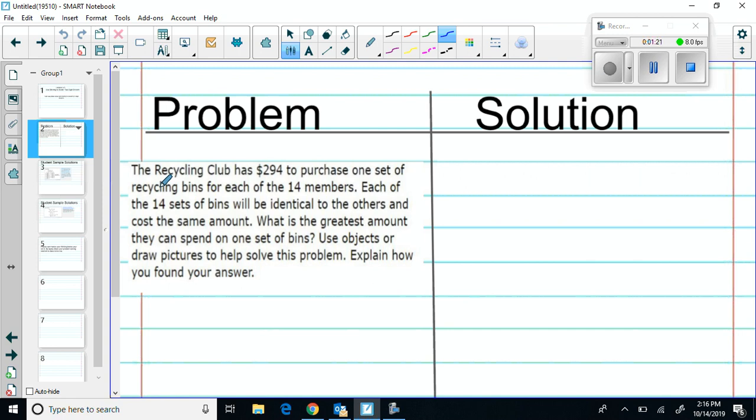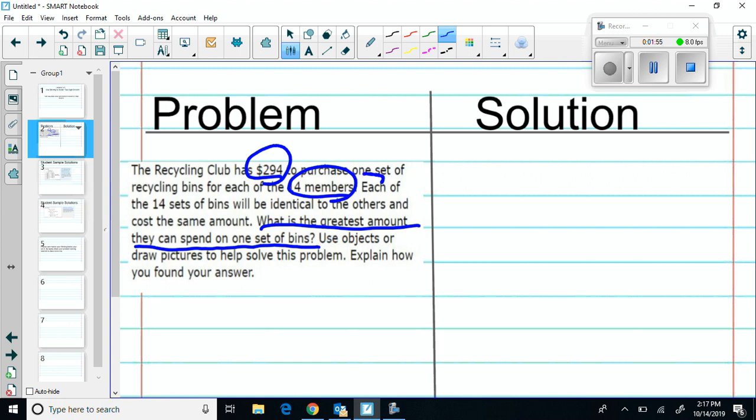So we're going to first look. One of the things that stands out to me is we're getting the total amount, which is $294. And there are 14 members. And it says, what is the greatest amount they can spend on one set of bins? So we want to know the greatest amount they can spend on one set of bins. But as we box keywords, there are words that really stand out to me that help my brain and the flashlight go on that this is division.